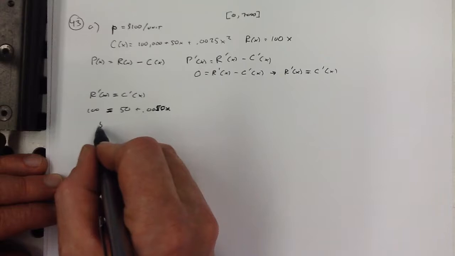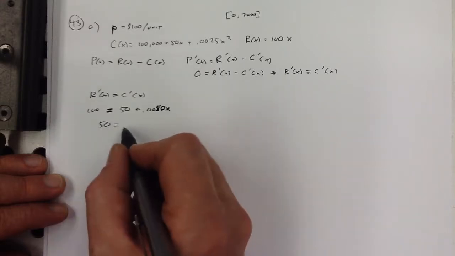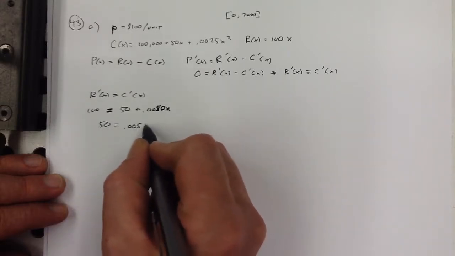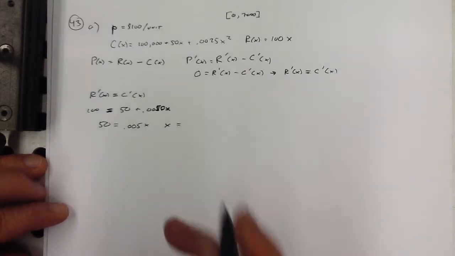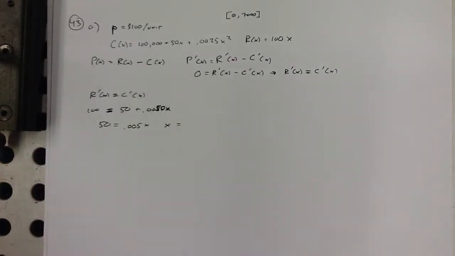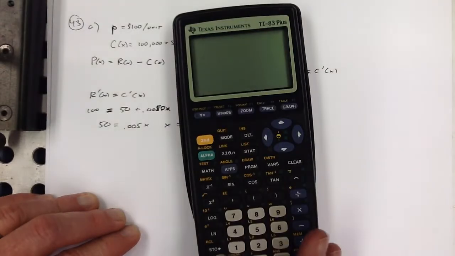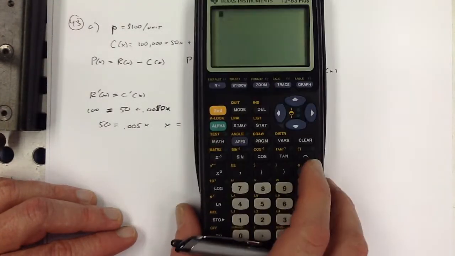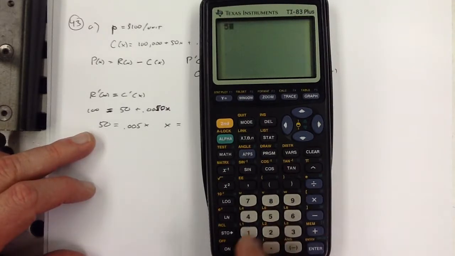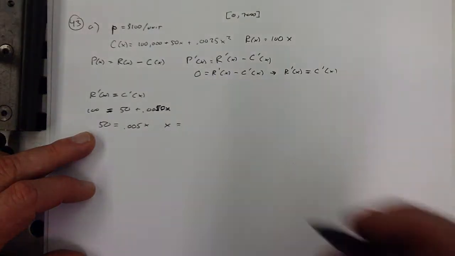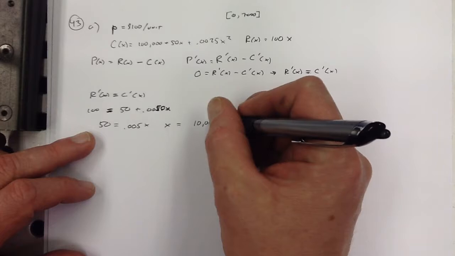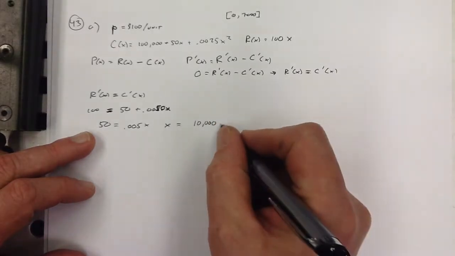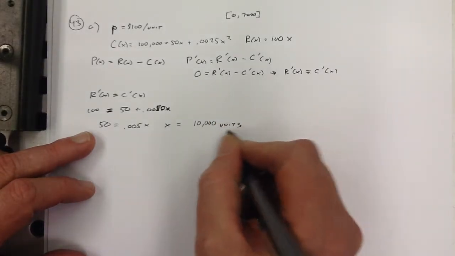So doing a little bit of algebra here, 50 equals 0.005x, so x is equal to 50 divided by 0.005, which is 10,000 units. That's where we maximize that.